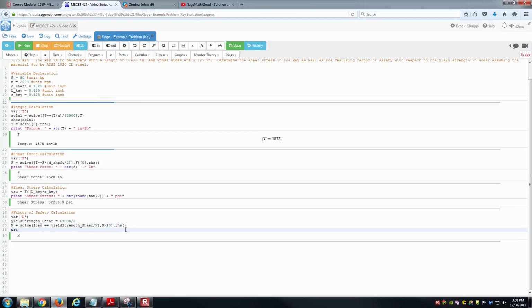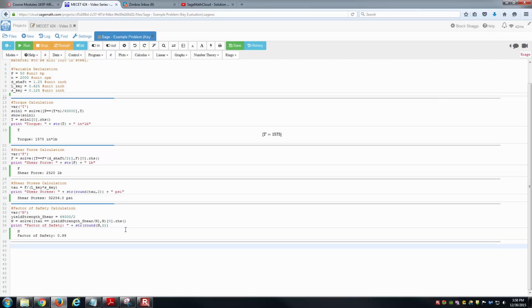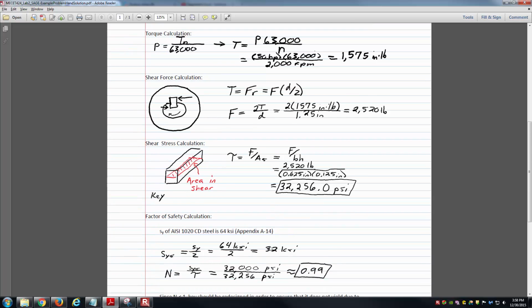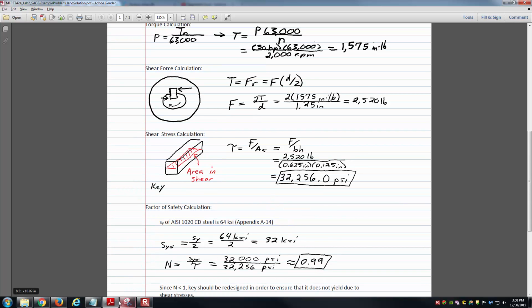And then I'll just say print factor of safety, mapping it to a string. Here I'm going to go ahead and round the string to 2 decimal places. And there's no unit. And so just like that, we have the factor of safety at 0.99, which is exactly the same as the hand calc I have below here.